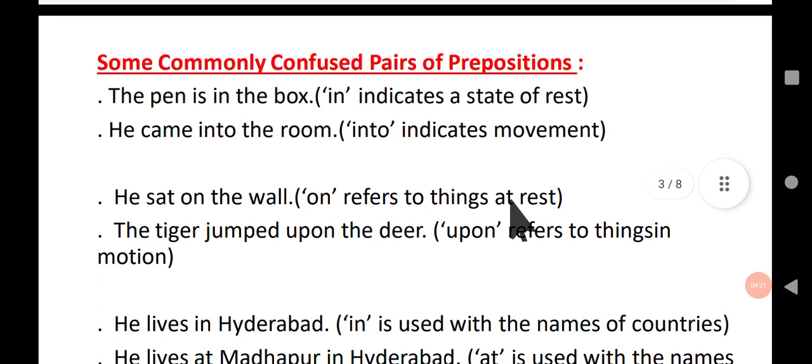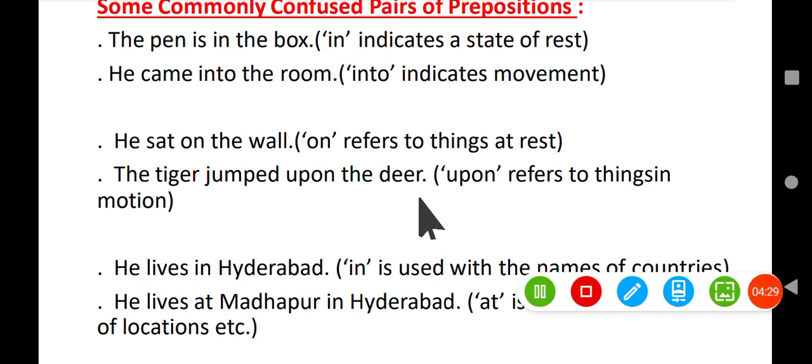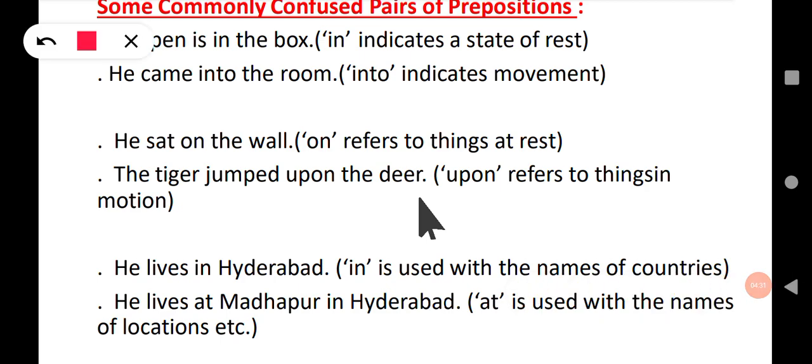Next one, he sat on the wall, the tiger jumped upon the deer. So here the difference is, there is a wall, and on the wall there is a boy who is sitting, right? He's not moving anywhere, he's just sitting there. Another one is the tiger jumped upon the deer.